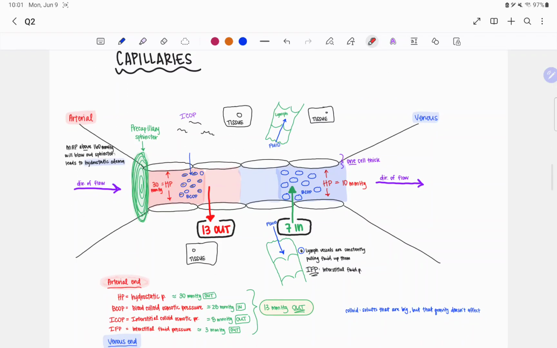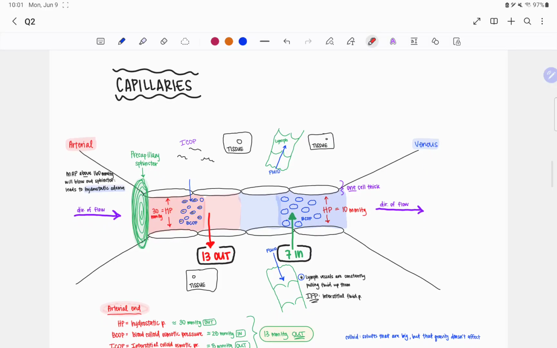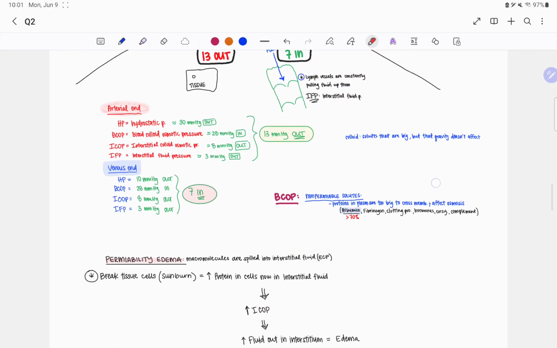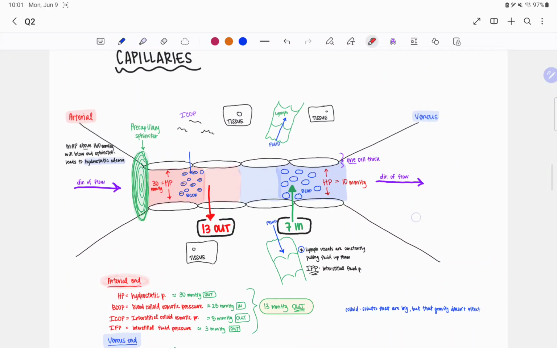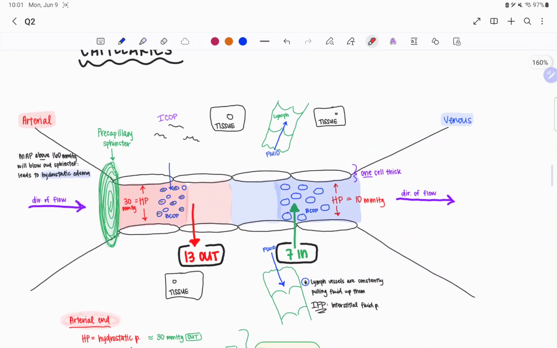We're going to move on now to our final topic, which is capillaries. It's nothing too crazy. It looks like a lot, but I hope I can help you understand what's going on here. So we've got an arterial end, so arteries are coming in this direction, and then in the capillaries, our capillaries are only a single cell thick.